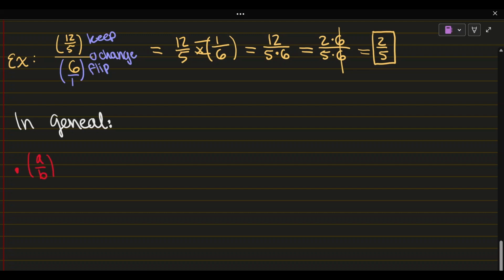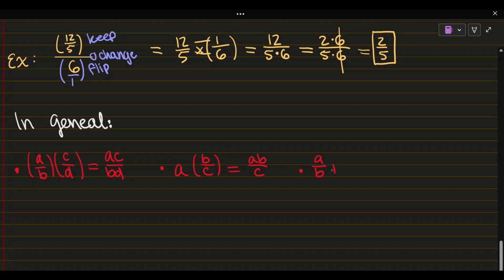A over B times C over D is equal to AC over BD. I just multiply across. Okay? A times B over C is equal to AB over C. Right? We just pop this up here.